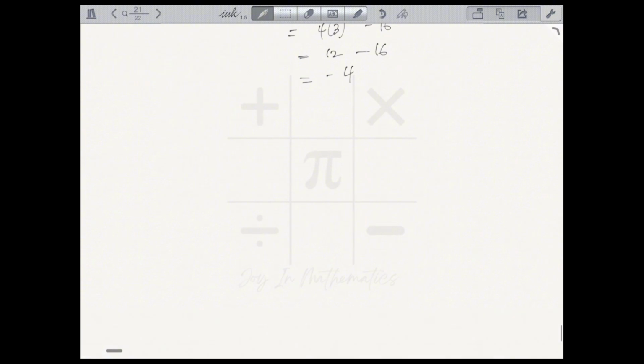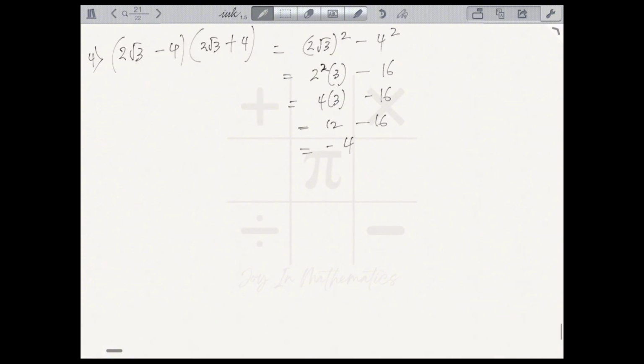Now let's take 2 more examples on this. Let us pick something else entirely. So we have 7 root 2 plus root 3. What is the conjugate of 7 root 2 plus root 3? The conjugate will be 7 root 2 minus root 3.